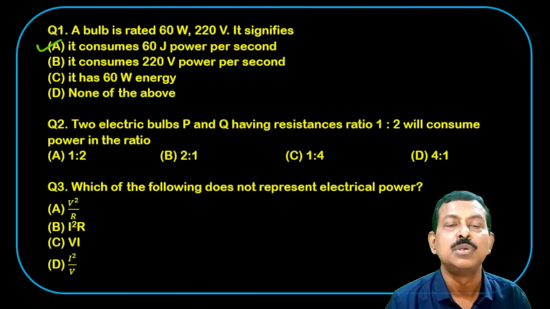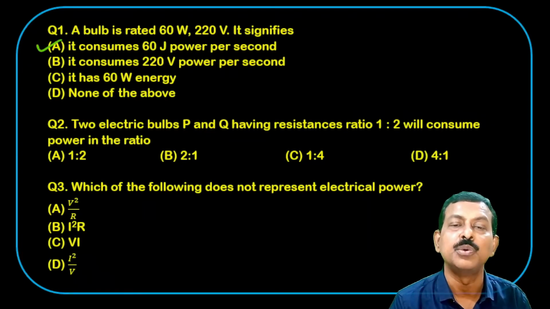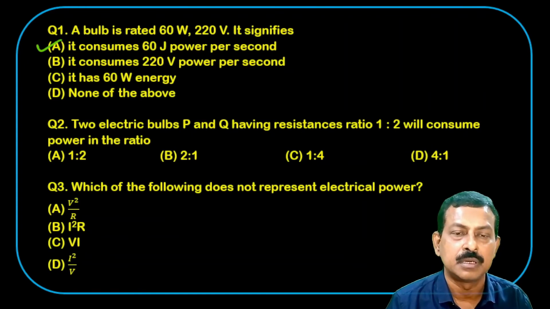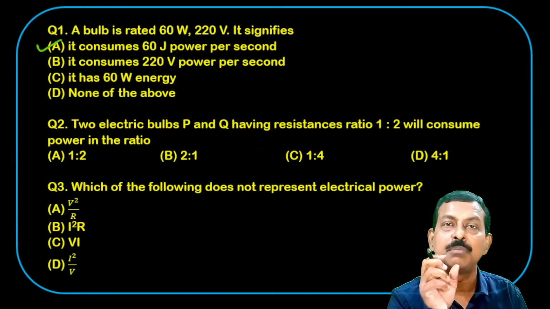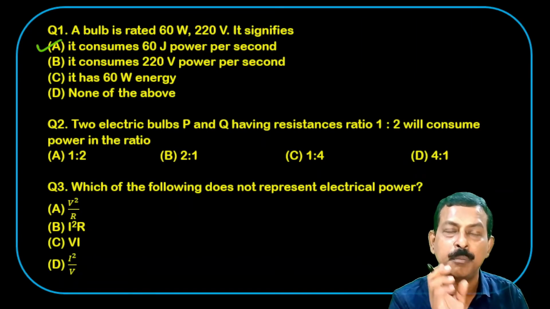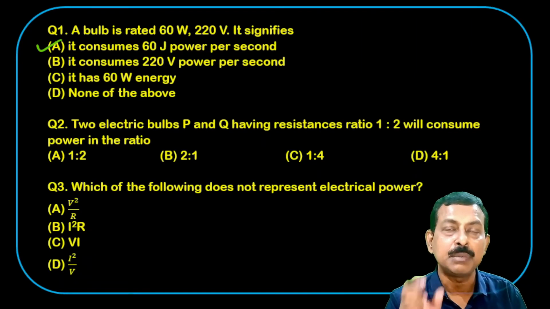Next question. Two electrical bulbs P and Q having resistance ratio 1:2 will consume power in the ratio. Different options are given. Now you have a particular bulb and it is being used at a particular voltage.